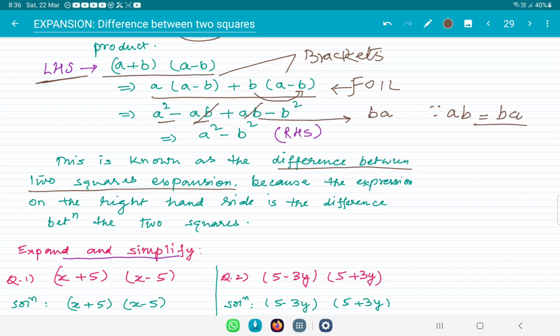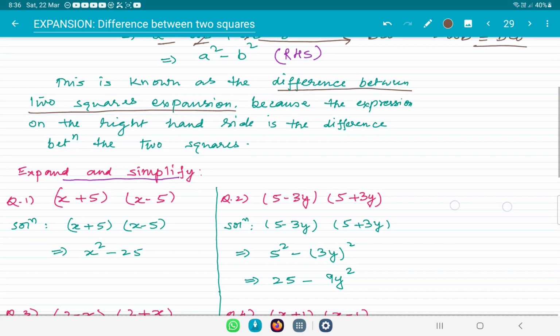So (a plus b)(a minus b) equals a square minus b square. It is a very important identity, and you will use it in higher classes also. In higher classes it will become just a part of your sum; here the full sum is based on this identity.